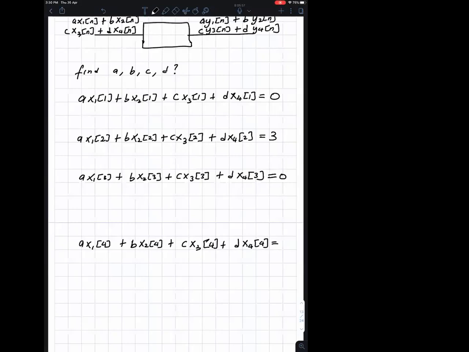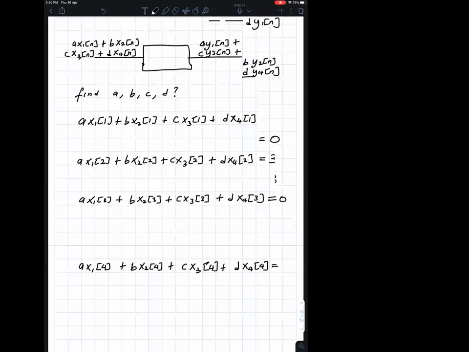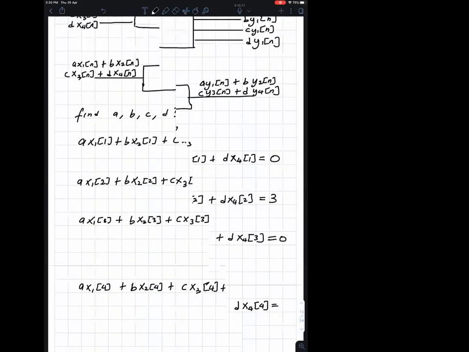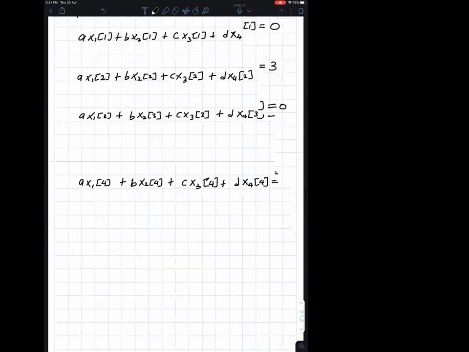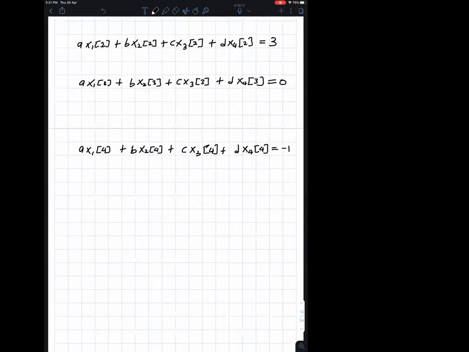That's going to be equal to, and you can see it's -1 here. The signal is a negative signal with an amplitude of 1.